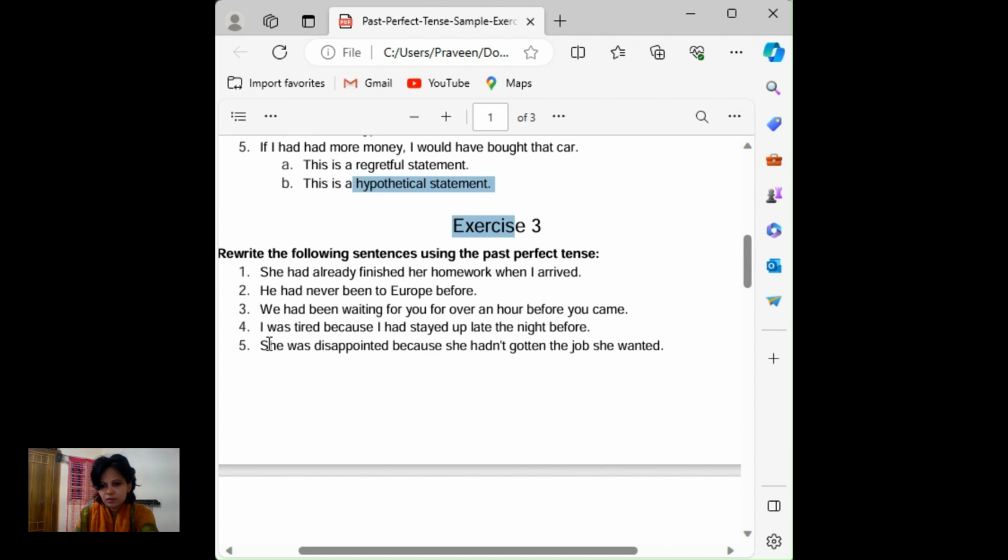A few things I will explain. I was tired because I had stayed up late the night before. She was tired, feeling sleepy due to lack of sleep. The night before she stayed awake, she didn't sleep. So had stayed up means she didn't sleep. That night and the previous night also. She didn't take enough sleep, so that's why she has become tired.